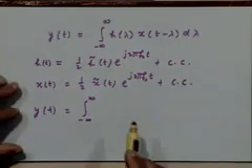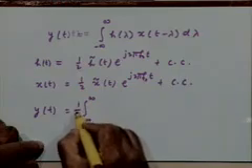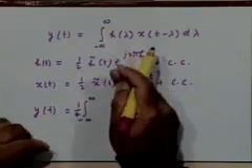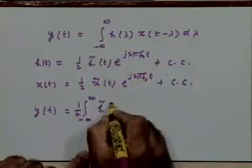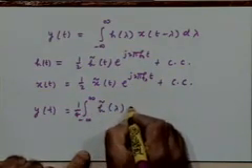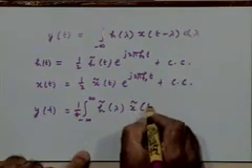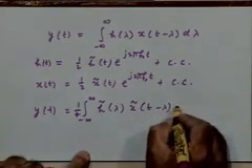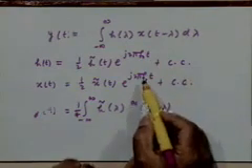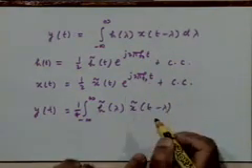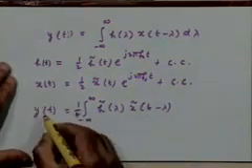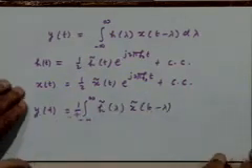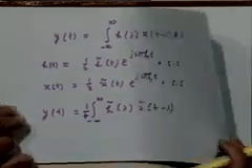Let me write down these 4 terms. When you multiply the first term with the first term, you will get 1 by 4 h tilde lambda x tilde t minus lambda. Maybe I should explicitly write the expression first. Let me explicitly write y of t completely first so that there is no confusion.